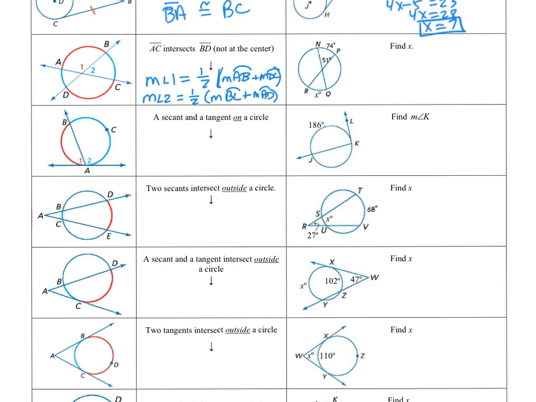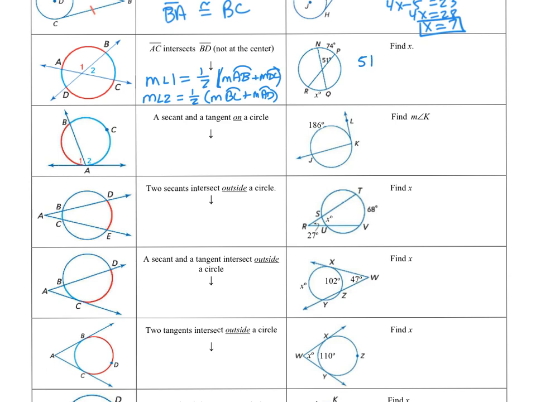Okay, so let's take a look at an example. Let's see if we can use this example to find x. So here we have two secants that are intersecting not at the center. So this 51-degree angle is the result of taking half the sum of its intercepted arc and its vertical angle's intercepted arc. So let's just take those words and turn that into an equation.